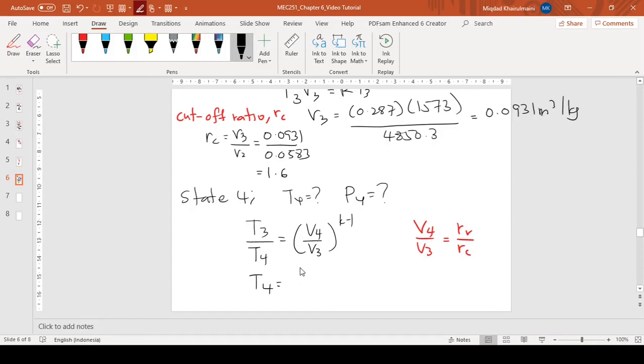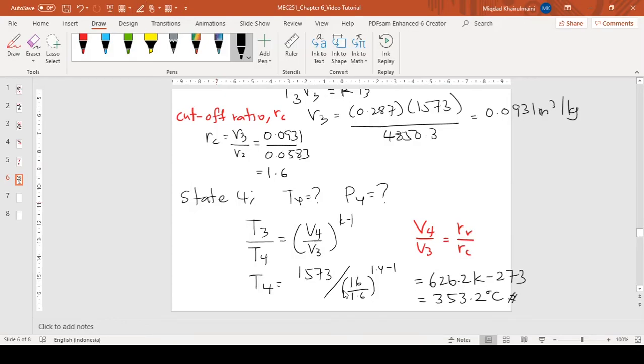T3 was 1573 divided by the compression ratio over the cut-off ratio, to the power of 1.4 minus 1. This will give us 626.2 Kelvin, minus 273, so we get 353.2 Celsius.